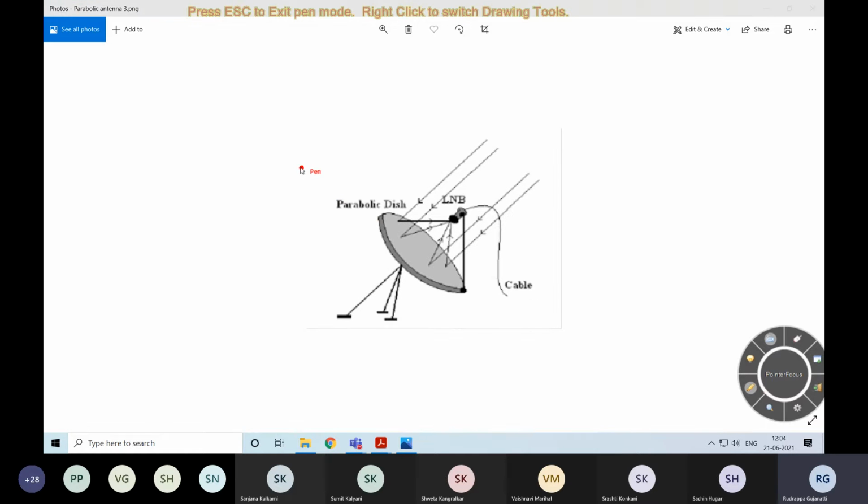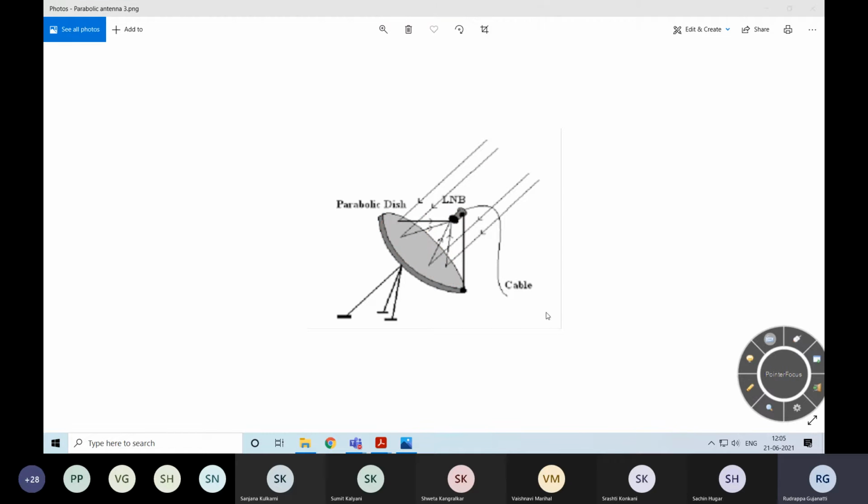These are the dish antennas, that is, microwave dish antennas, in which you will have a parabolic surface. And apart from that parabolic surface, there will be one element, the LNB element, which helps in reception of the signals which are being projected onto this dish.